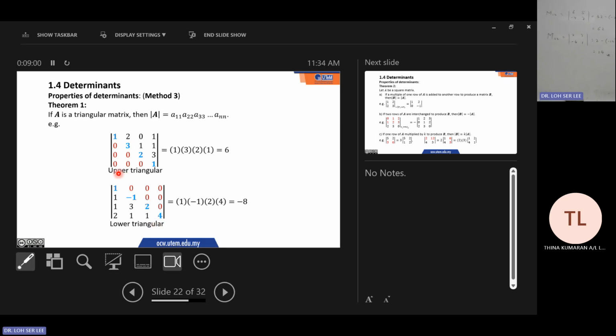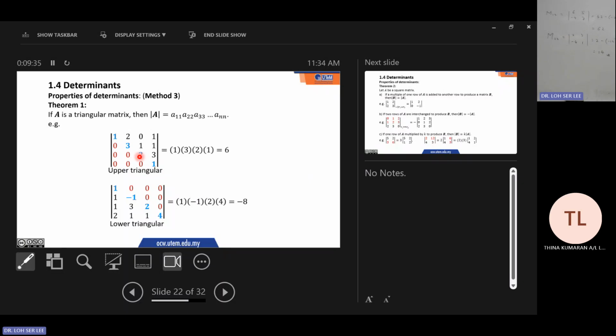Upper triangular means the upper part is non-zero and the lower part is all zeros. So this is called upper triangular because the non-zero entries stay at the upper part. And the lower triangular means the upper part is all zero, not including the diagonal entries. This is the diagonal entries.